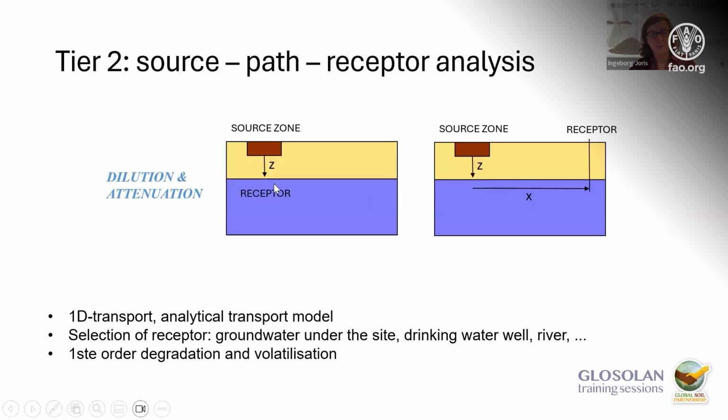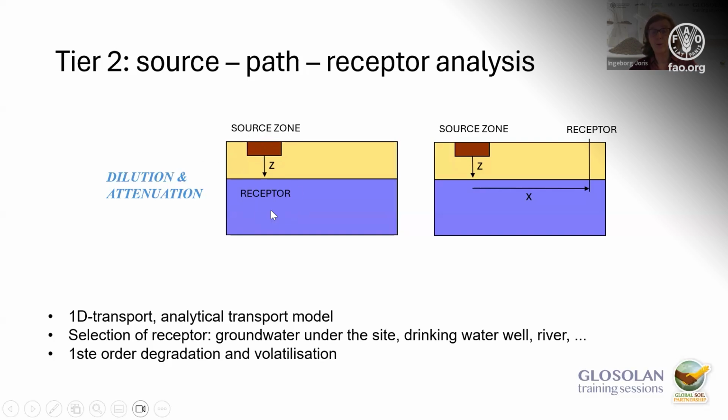We have just two typical scenarios then, and we only consider 1D transport. What's extra or new in this tier is that you have to define your receptor. So you have to say, okay, in Flanders, we decided that if you have a contamination in the soil, but there's no contamination in the groundwater yet, then your groundwater should be the receptor.